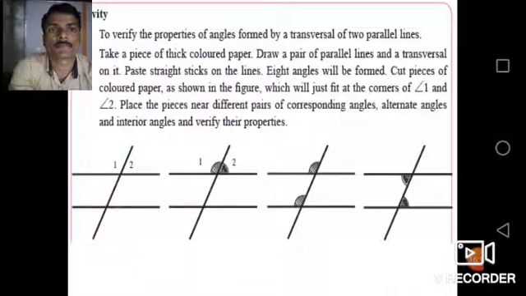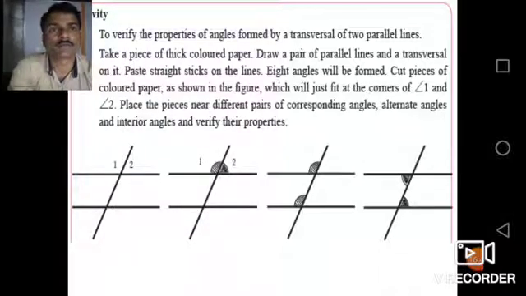Activity. Do this activity with the given information. Take a piece of thick colored paper, draw a pair of lines and a transversal on it. Paste straight sticks on the lines. 8 angles will be formed.